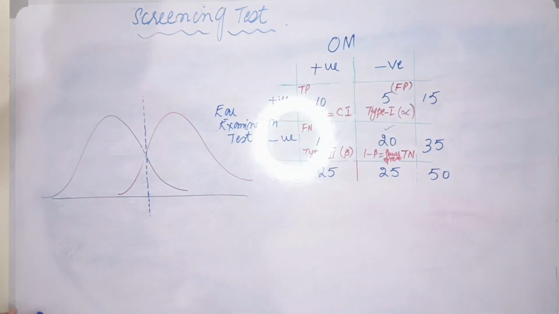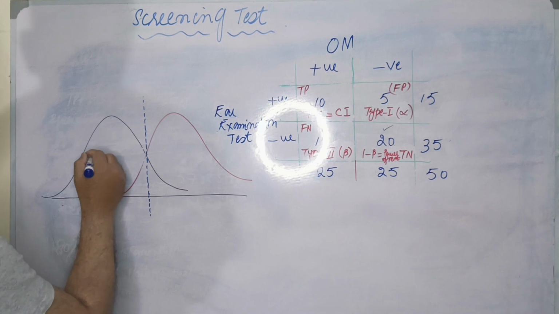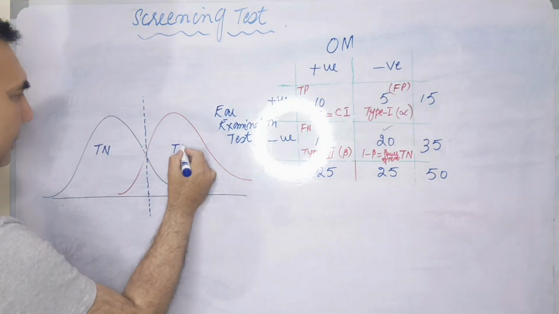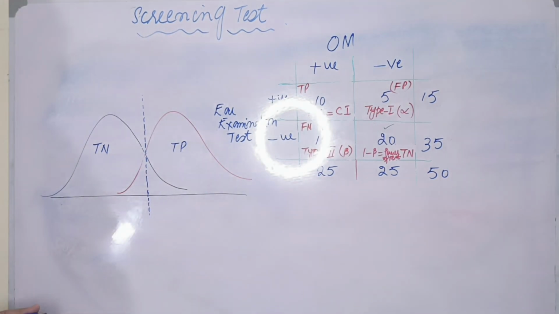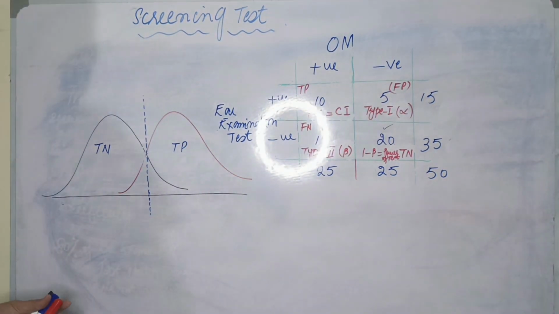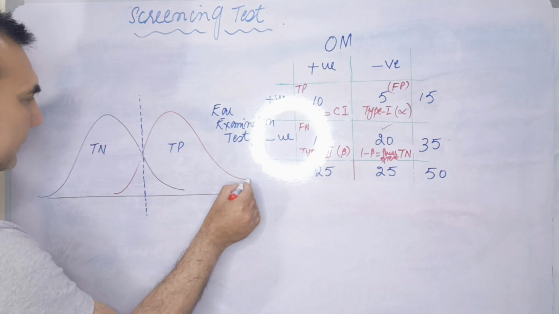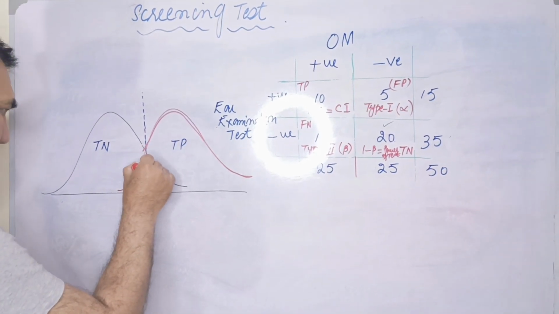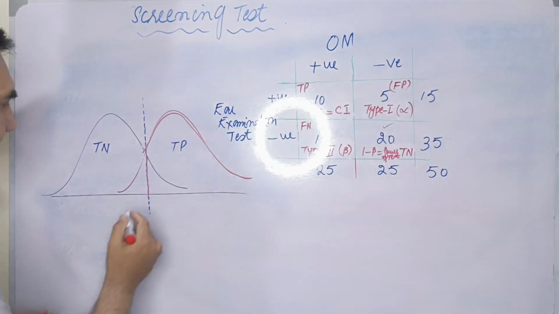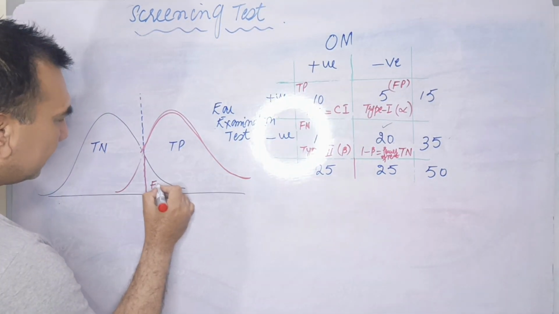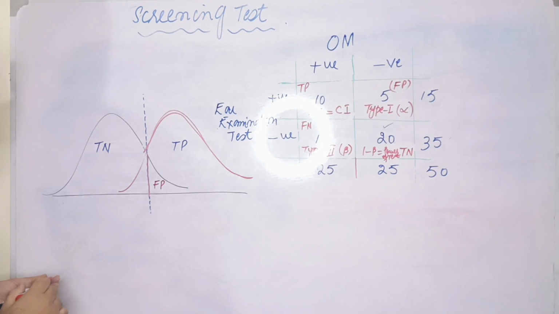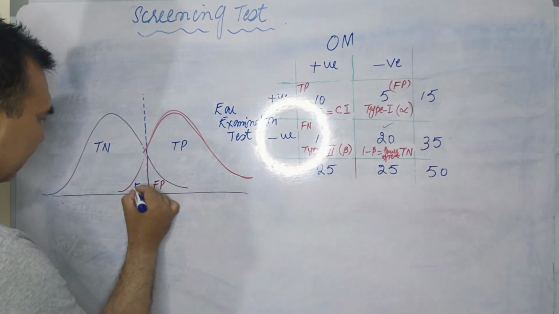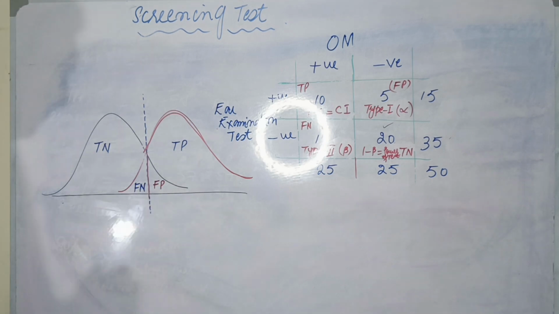Okay, here now this is the true negative and these are the true positive values. Okay, from here to here, and then here, it is the false positive and this is the false negative.